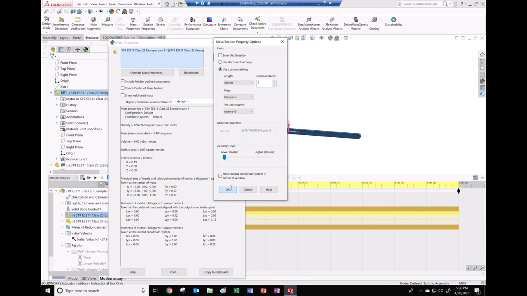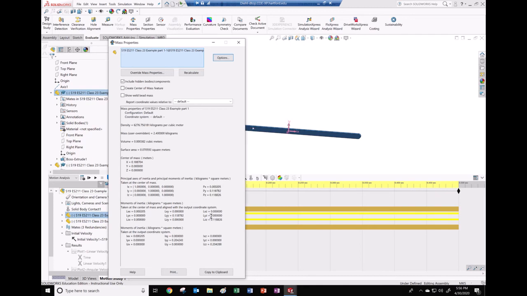Let's see how many decimal places they give us. 0.1187 is what they're saying. It said moments taken about the output coordinates, taken about the center of mass. 0.1188. It's probably because it has rounded edges, right? Because it actually takes the mass moment instead of treating it like a slender rod.